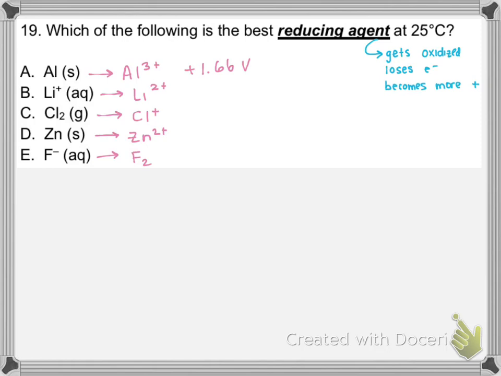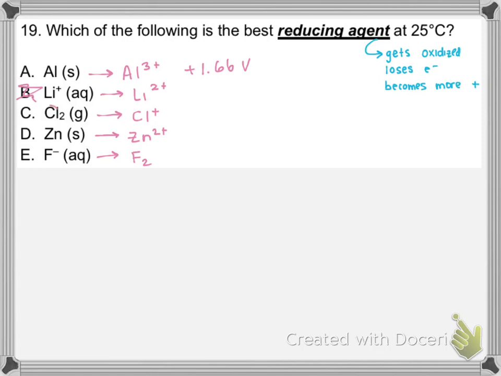Then if we look for a lithium and lithium 2+ reaction, we'll see that it doesn't exist. Lithium ions won't lose another electron to become lithium 2+. As lithium plus, it already has its noble gas configuration, and it's not going to lose another electron to go beyond that.